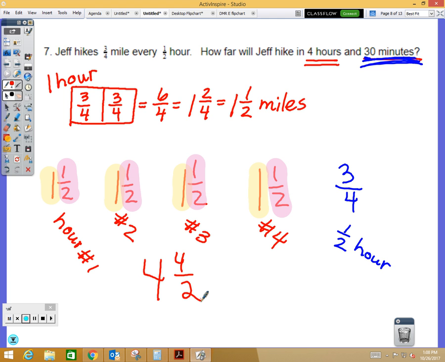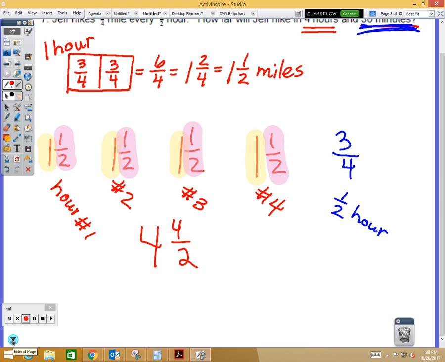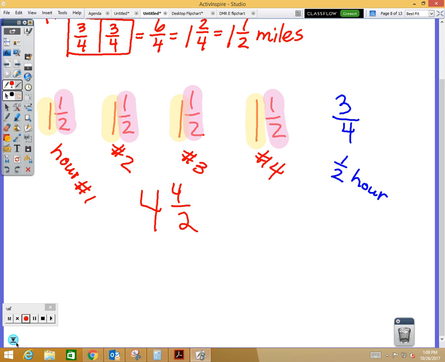What's 4 over 2 equal? 4 over 2 equals 2. So this is going to simplify to what? 6. And then you have that 3/4 down there that we haven't talked about yet. So you take this 3/4 with it. So 6 3/4 miles.